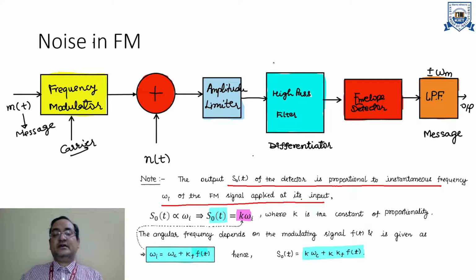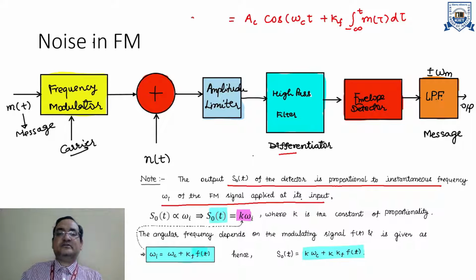Definitely, when a high pass filter, or you can say the differentiator, acts, what will happen? Let us suppose that phi_FM(t) is cos(omega_c t plus k_f times the integral from minus infinity to t of m(tau) d tau). Now what will happen when you differentiate this expression? Basically, the high pass filter is just acting as a differentiator.